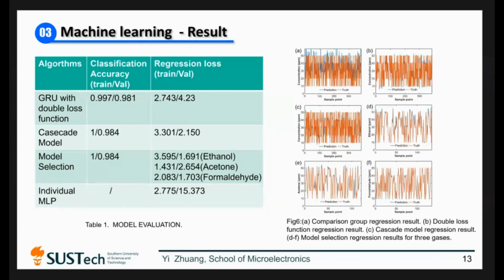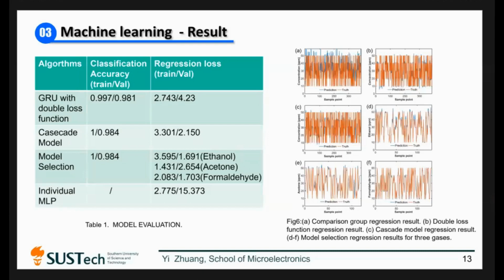Then Figure B means the GRU's regression result, and Figure C is the cascade model regression result, and D to F display the model selection regression results for three gases: ethanol, acetone, and formaldehyde.